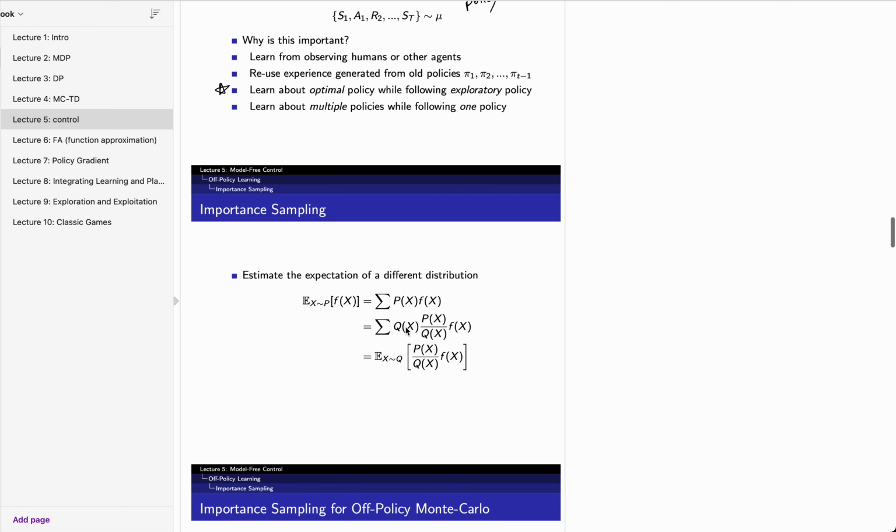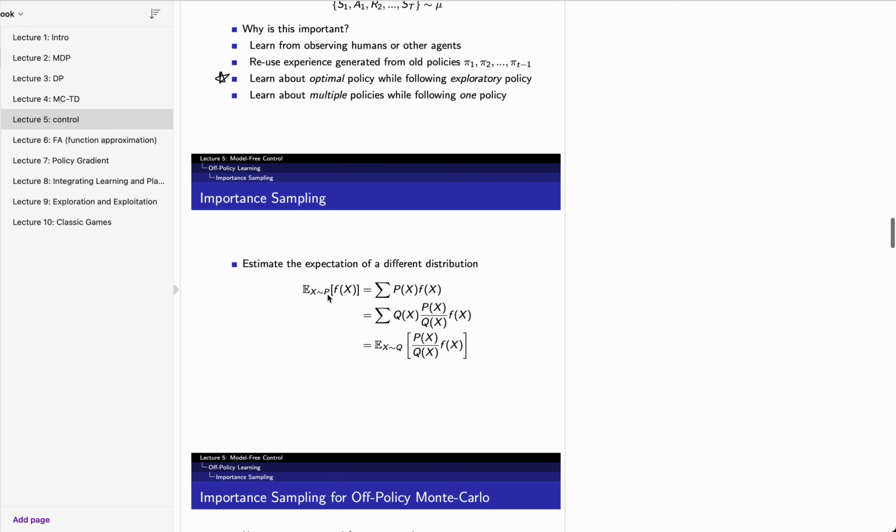Basically, it just multiplies by the ratio of the two policies. So here you're updating a distribution from P, but what if you want to update P with a different distribution Q?